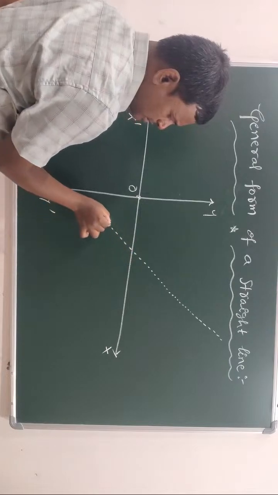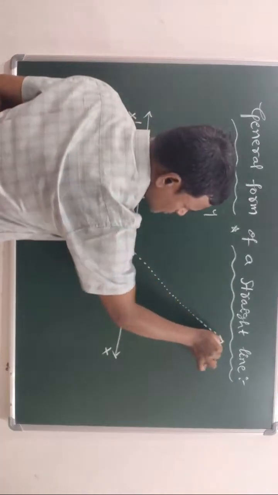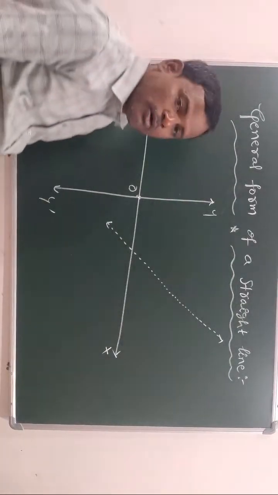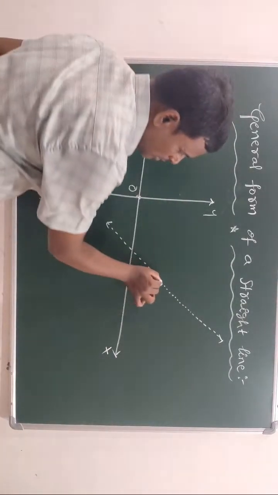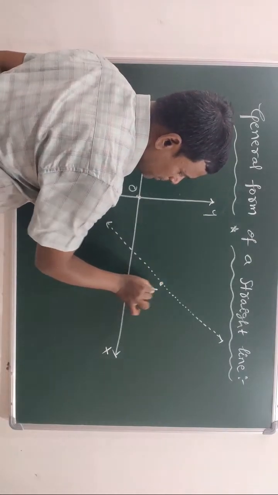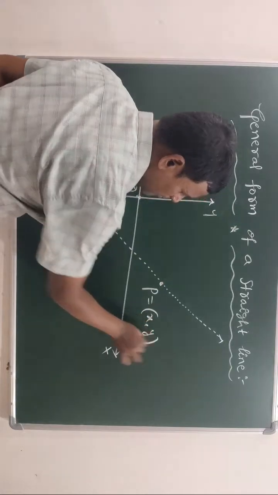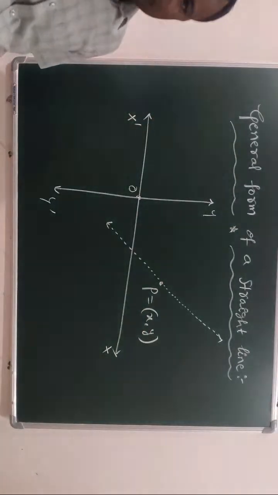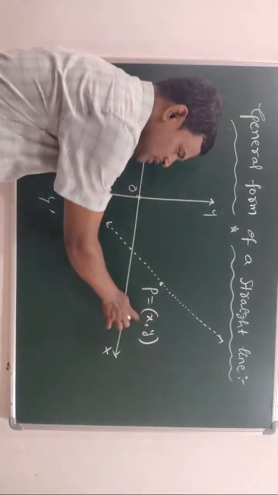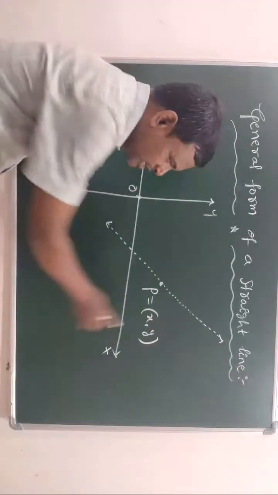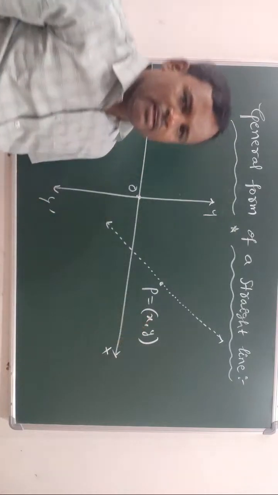On this group of points, I am assuming a point P whose coordinates are x comma y. This is a locus point, whose coordinates are x comma y.